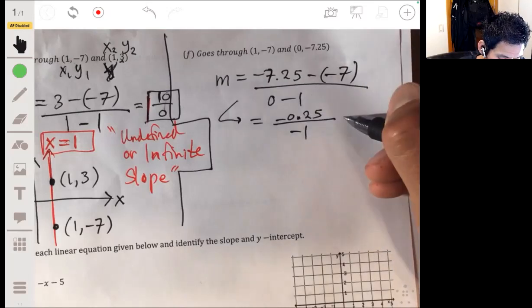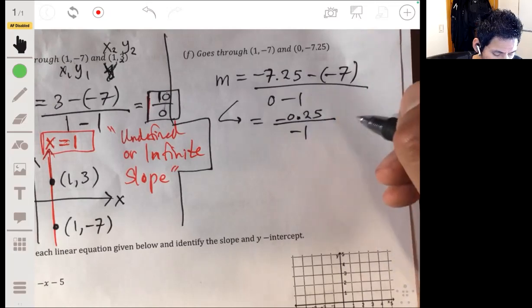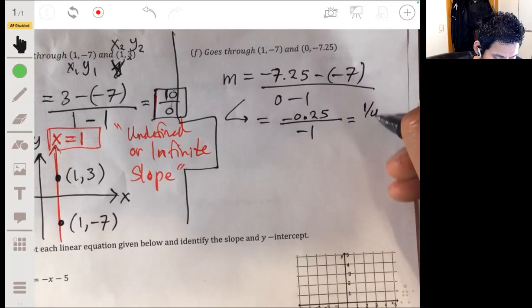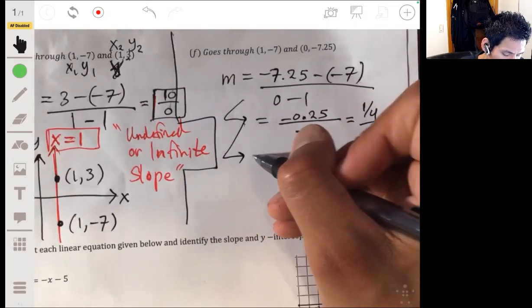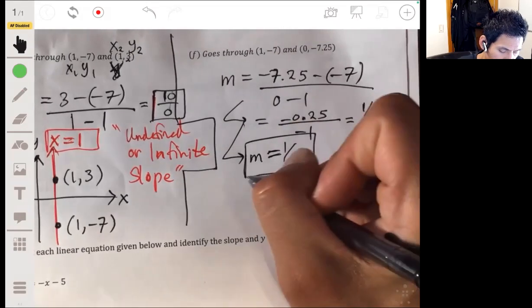And remember, -0.25 over -1, if you can't picture it visually, then do it mentally. This is just the same as 1/4 over 1. And 1/4 over 1 is just 1/4. So the slope is 1/4, however way you look at it.